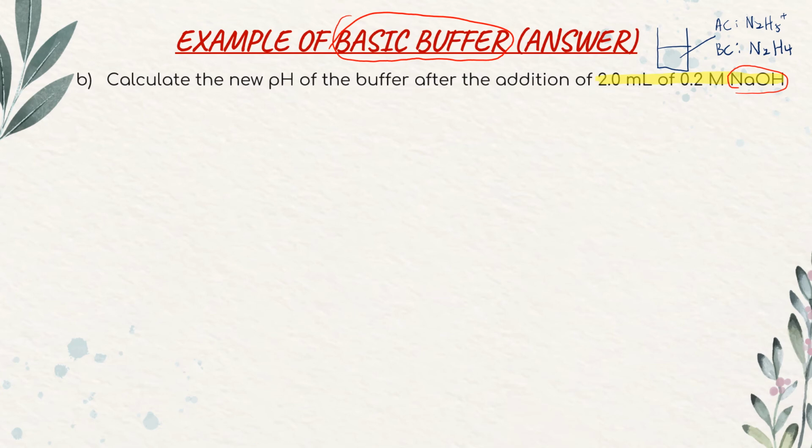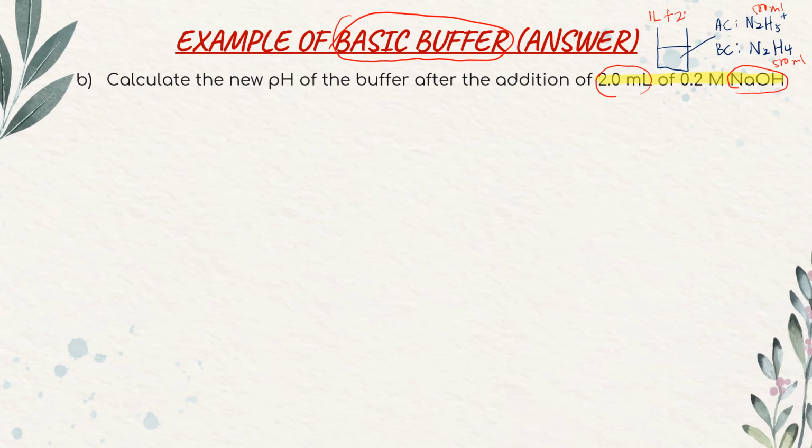Okay, now, so kita tengok kita punya jalan kerja satu persatu. So, disebabkan we have a new volume over here, total volume dalam ni akan berubah. Asal dia tadi kita ada 500 ml N2H5+, 500 ml N2H4. So, total tadi adalah 1 liter. Sekarang ni kita tambah lagi.